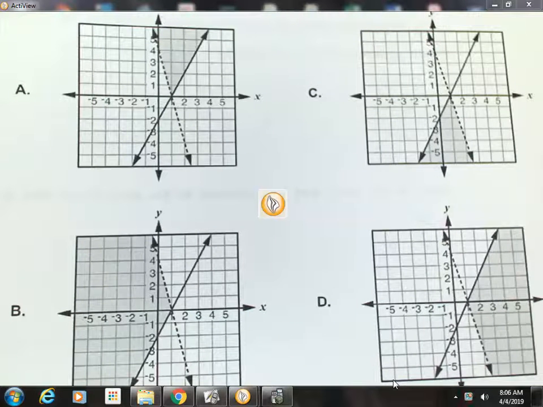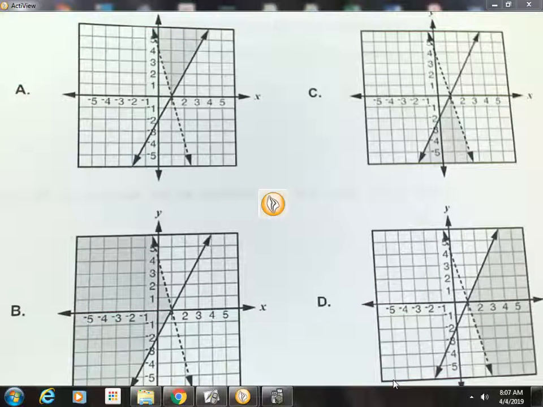Looking at the lines themselves, they look identical, correct? The only thing that's different is the shading. If you remember back to inequalities like this, the shading is a solution. Each of these graphs is representing a different region. If I pick a point from letter D and I know it's right, then it should work in both of those inequalities.